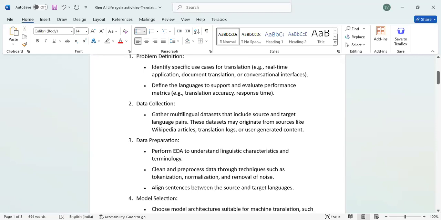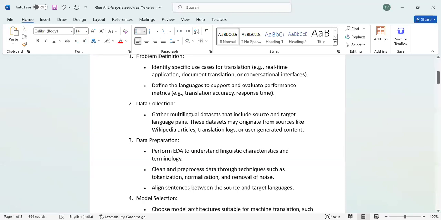Next one is data collection. Gather multilingual data sets that include source and target language pairs. It means source to target language need to be defined. And how many languages are there, those are going to be there in the data sets. That is the input we are giving to that. Apart from that, the documents also will be there as inputs.